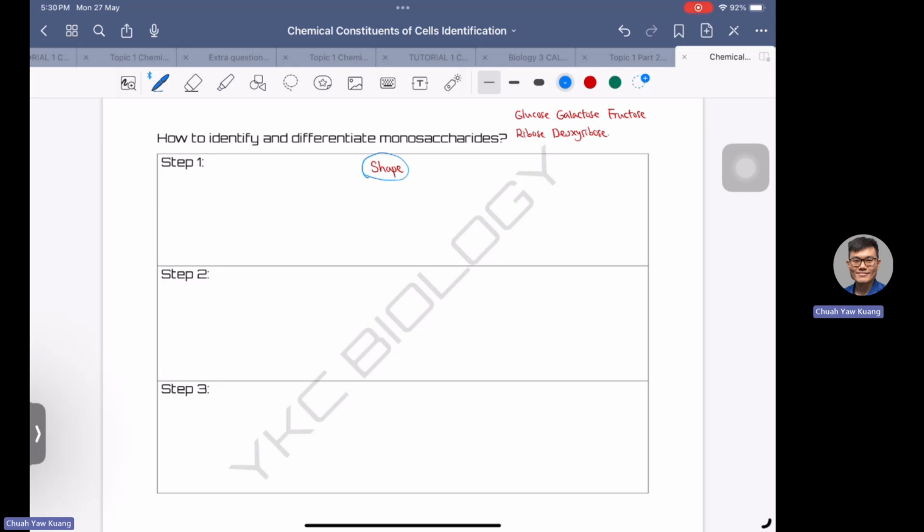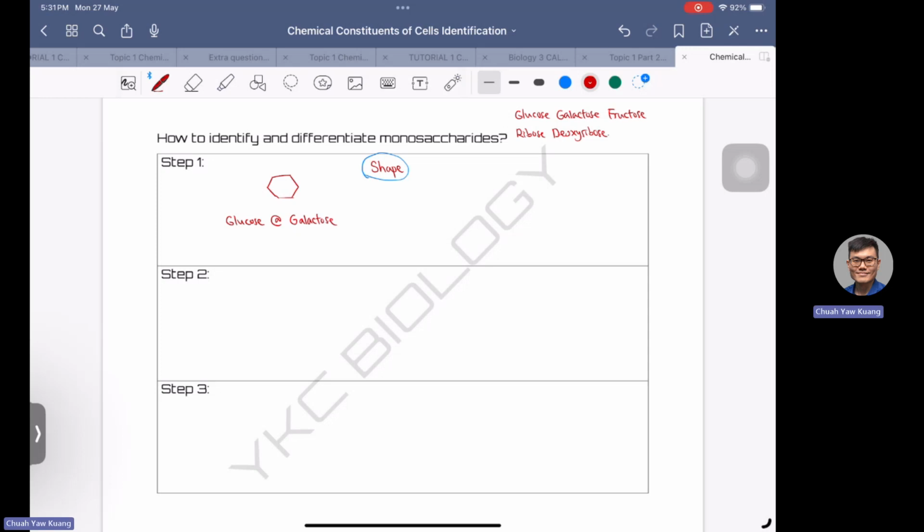If the sugar shows a hexagon, then it will be either glucose or galactose.